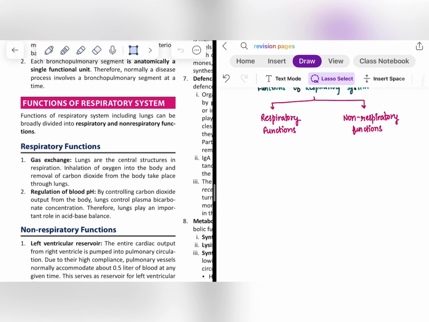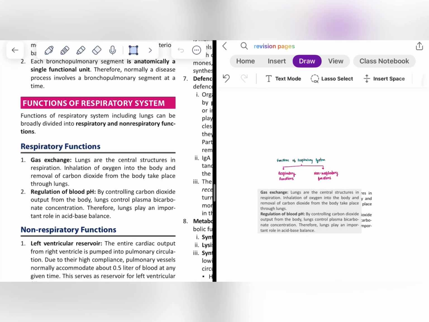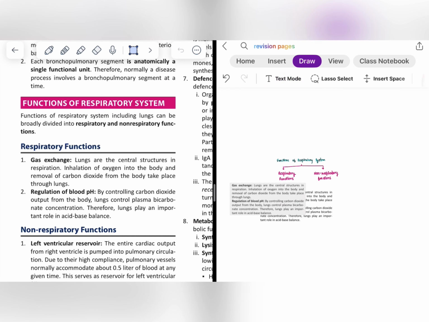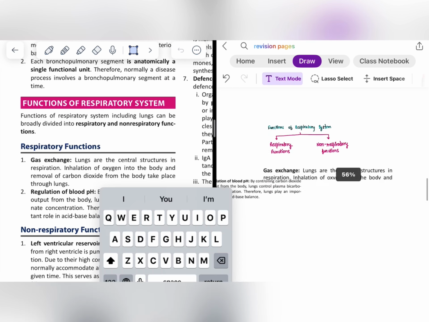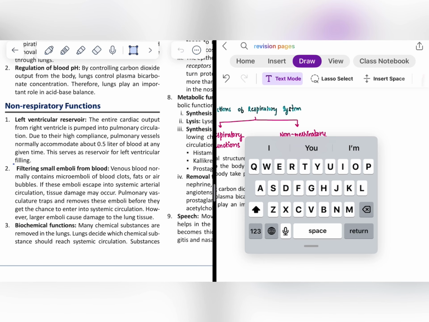So now I make notes on respiratory and non-respiratory function of lungs. You see me copying the text of respiratory function and directly pasting it on the other side. That is how my notes are going to be. Now again I go on to non-respiratory function. I take a point and I paste it in my notes.